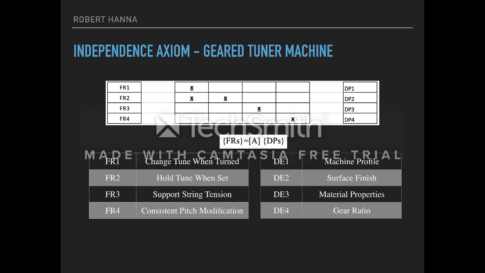If it was perfectly frictionless, the string would just unwrap and come out. So it's a great design. It is decoupled, it is not uncoupled, but it's definitely more robust.